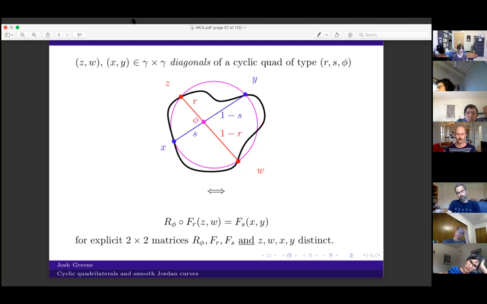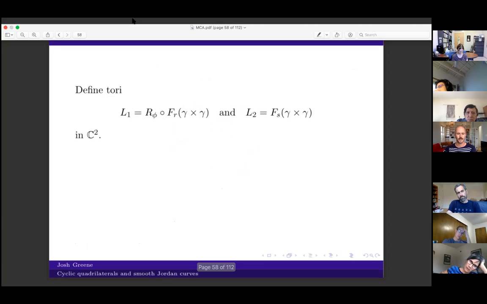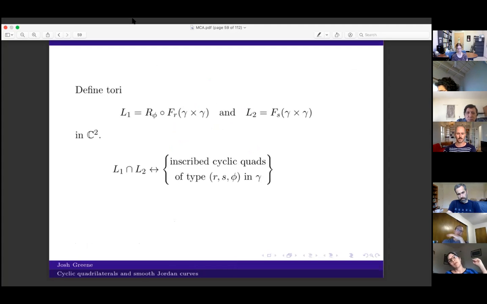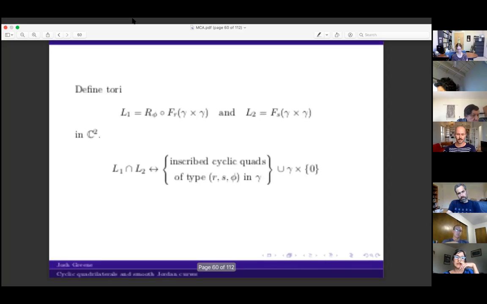So the next slide just writes this out. I'm just looking at the image of gamma cross gamma under these two linear transformations. They're tori in C2. And it's the intersection points between these two tori which give the inscribed cyclic quads we're after, along with these pesky degenerations.